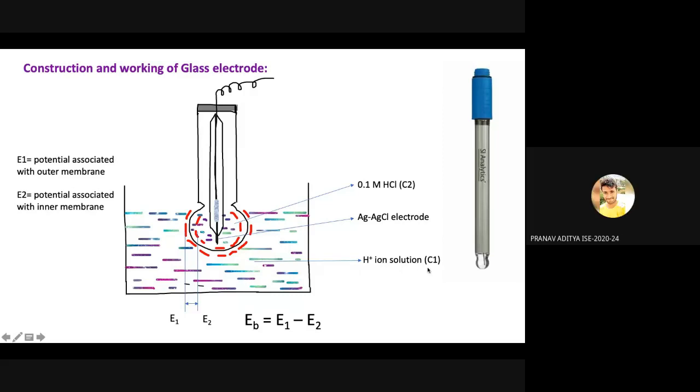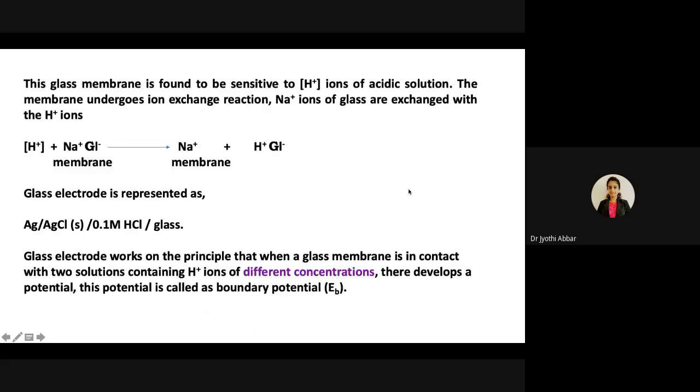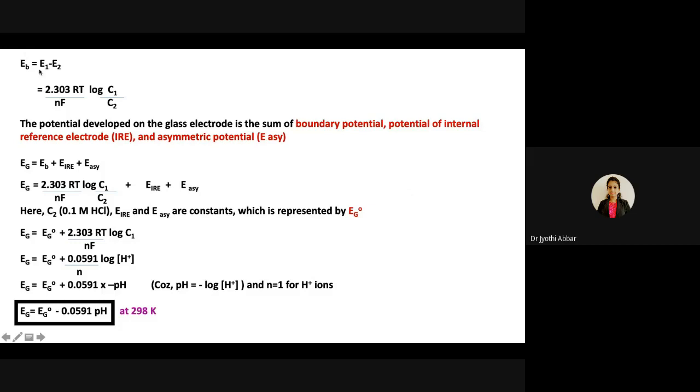And for E2, it is represented as C2. So remember this. Once I substitute the Nernst equation as E naught plus 2.303 RT upon NF log of C1, minus, again in bracket, E naught plus 2.303 RT upon NF log of C2.